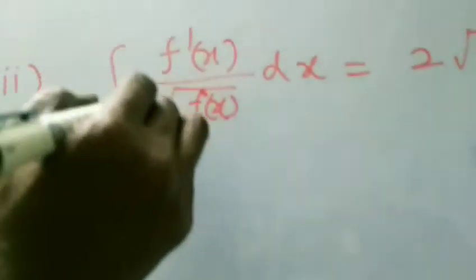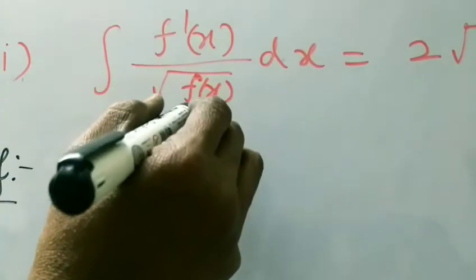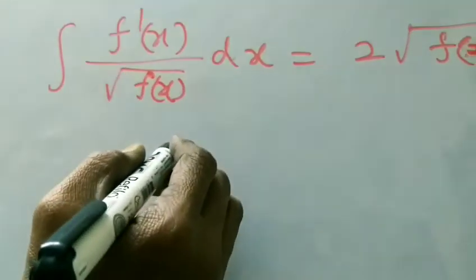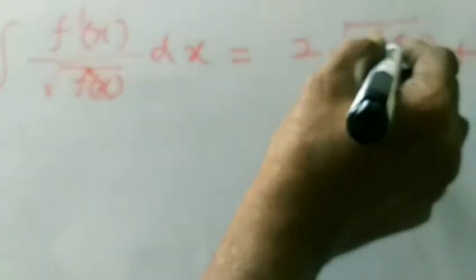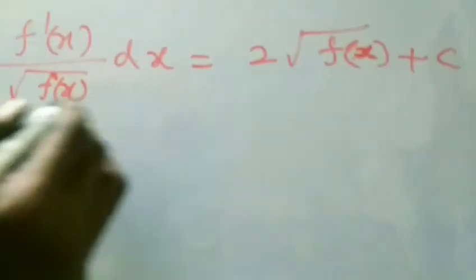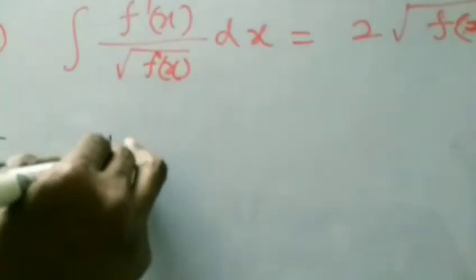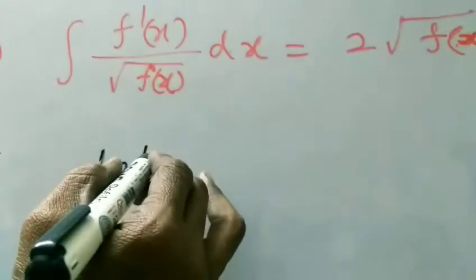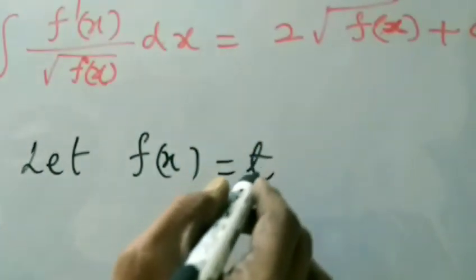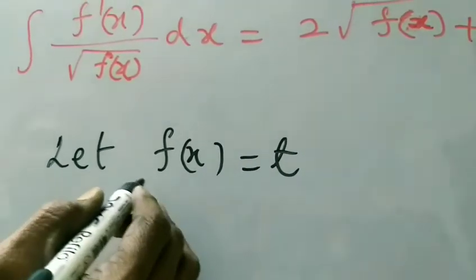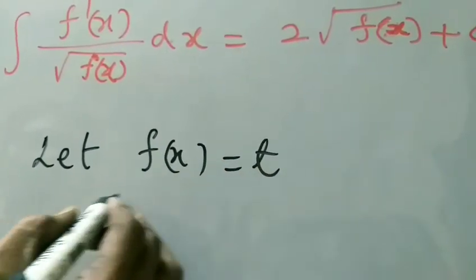Given that integral of f dash of x by square root of f of x dx, we have to prove that this is equal to 2 into square root of f of x plus c. So first of all, let f of x is equal to t. Differentiate it with respect to x on both sides.